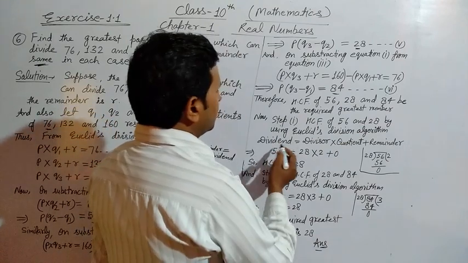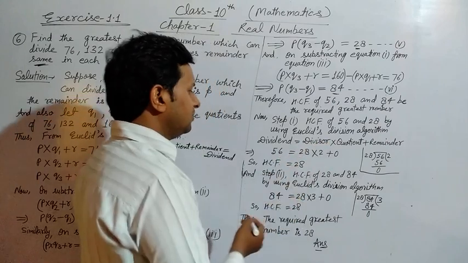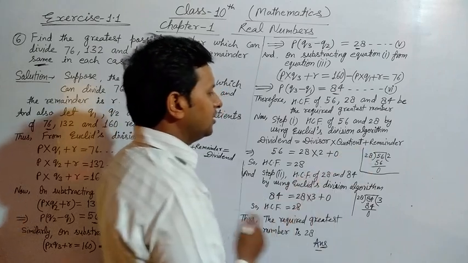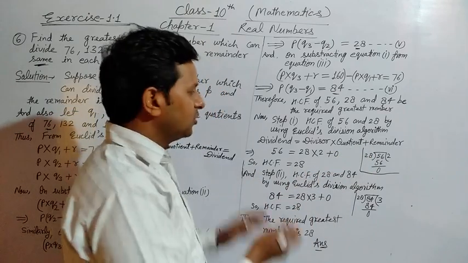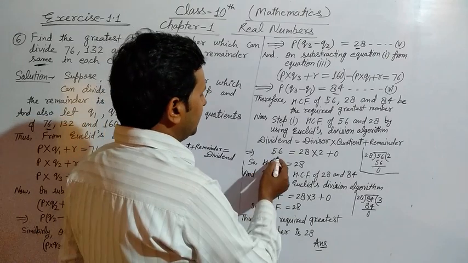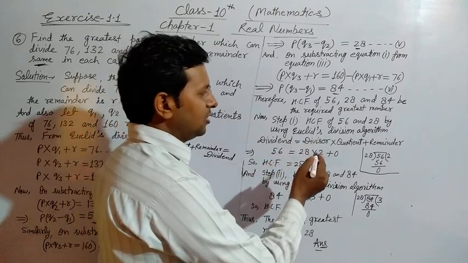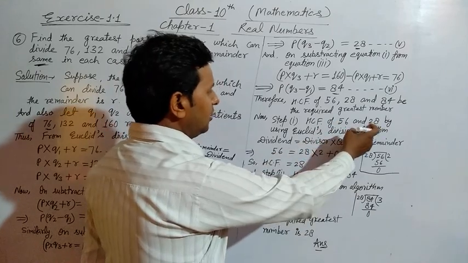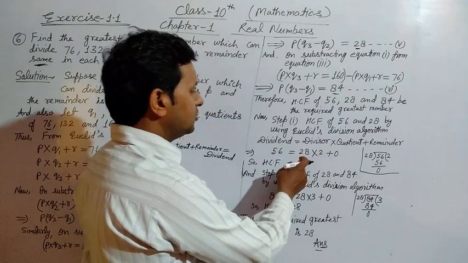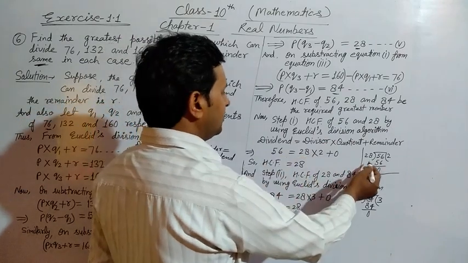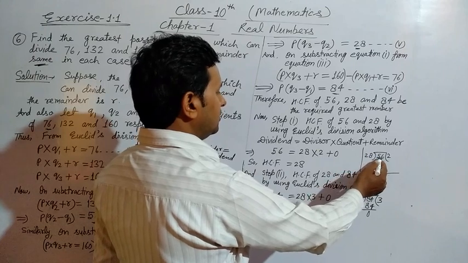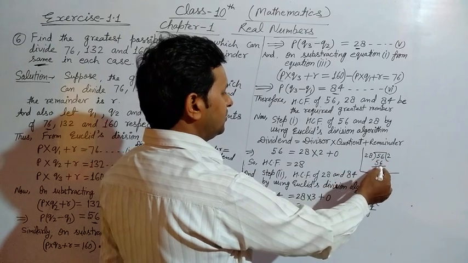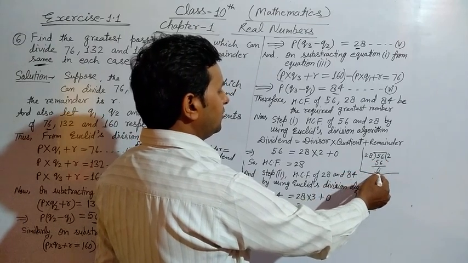See here. What is Euclid's division algorithm? Dividend is equal to divisor into quotient plus remainder. We put the values in this formula. 56 is the dividend, because the greater number is always the dividend and the smaller number is always the divisor. 28 is the divisor, 56 is the dividend. 28 goes into 56 exactly and the remainder will be 0.